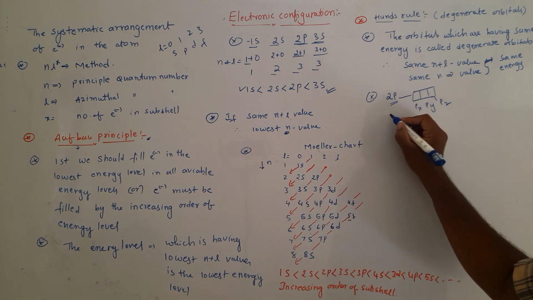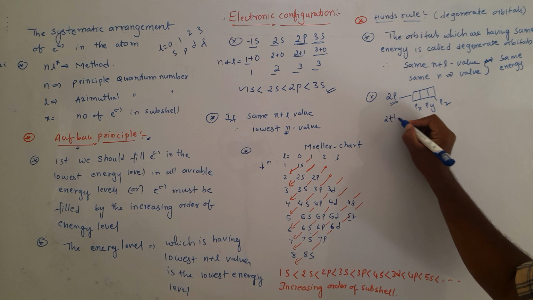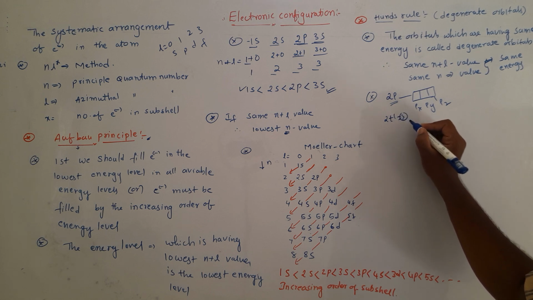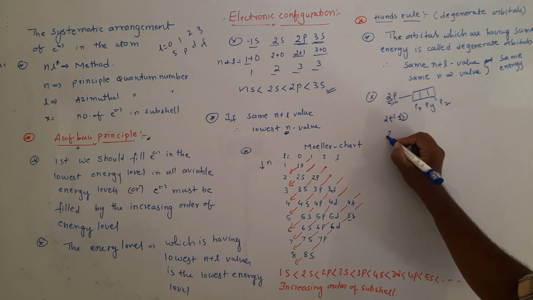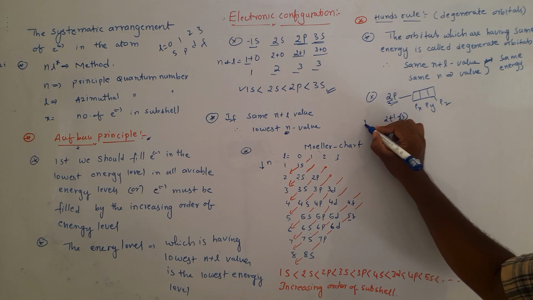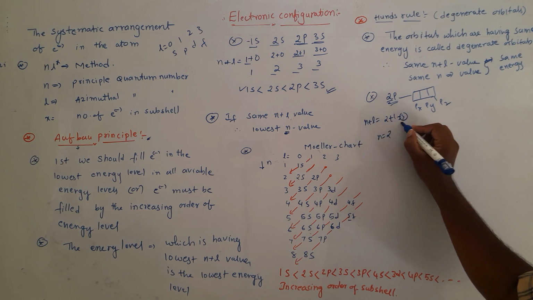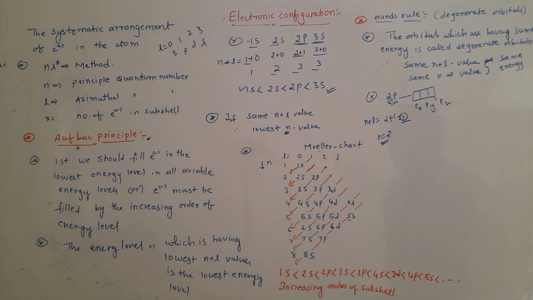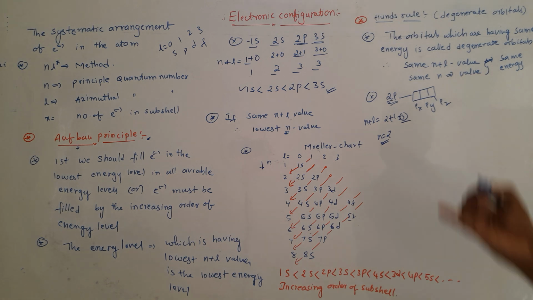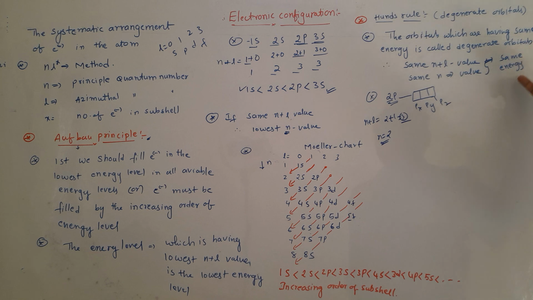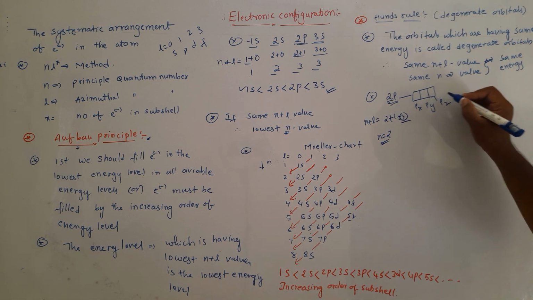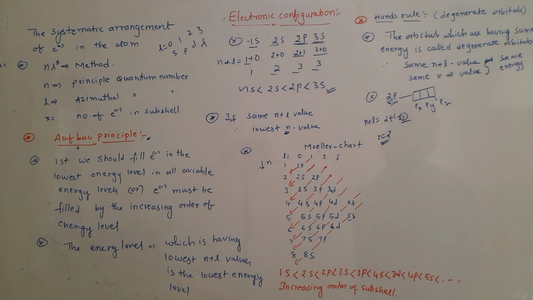For each and every orbital we get 2 plus 1, that is equal to 3, n plus l value 3 and n value equal to 2, so we cannot decide which is having high energy and low energy, so we consider all of them having the same energy. Such type of orbitals are called degenerate orbitals.